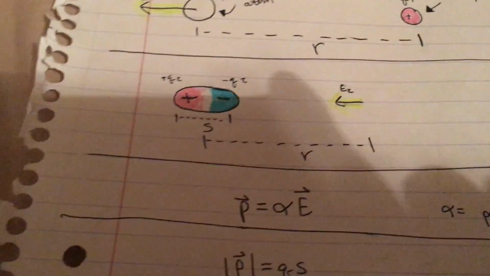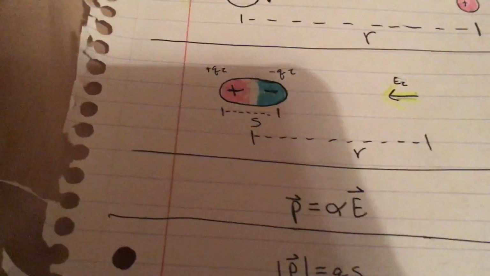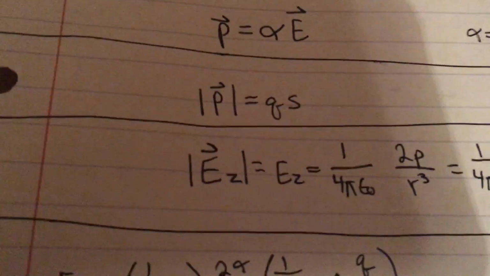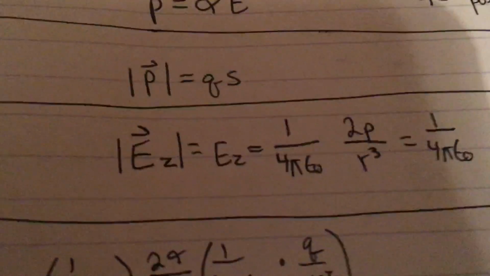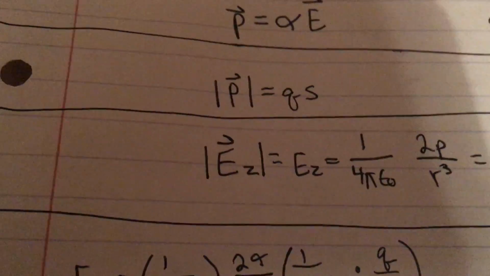Knowing this, we can use this information to acquire the value for E2 right here at the point charge, where we can derive an expression for the magnitude: E2 equals 1 over 4 pi epsilon naught times 2p over r cubed.